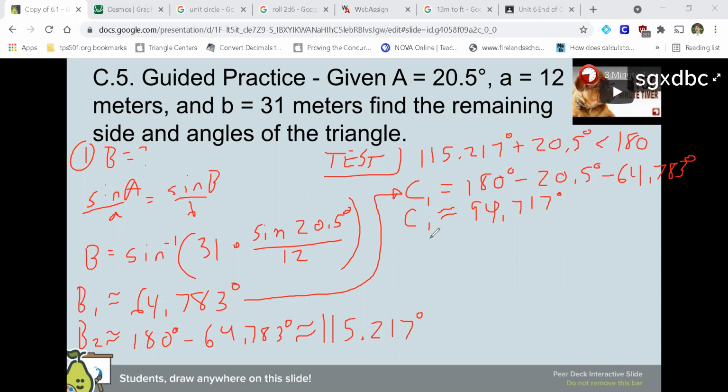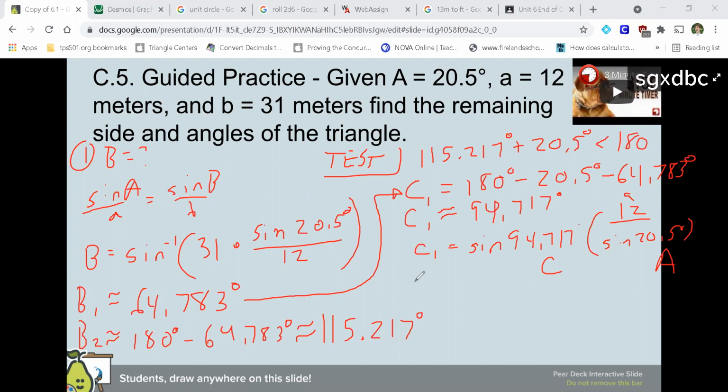And then side C, I use the law of sines. So side C will be the sine of 94.717 multiplied by B or A over sine of 20.5. Right, that's angle C, A. Are we okay with how I got that? Am I going too fast?